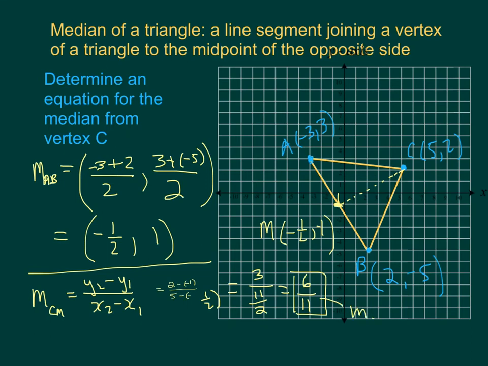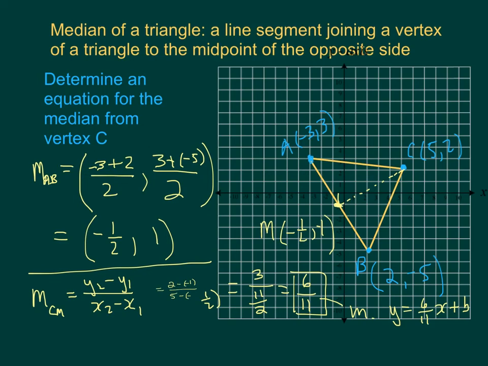So how do we finish it? Now all we have to do is plug our slope into our equation, y is equal to mx plus b. So for m, I'm just going to put 6 over 11 x plus b, and we just sub in one of these 2 points for x and y, and then we'll see what we come up with.